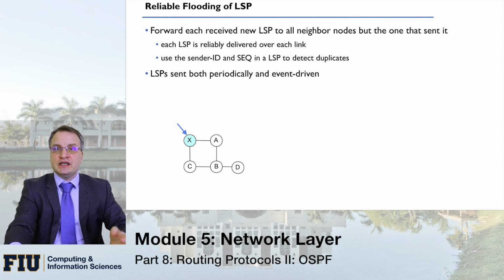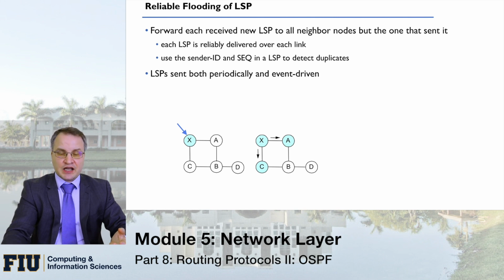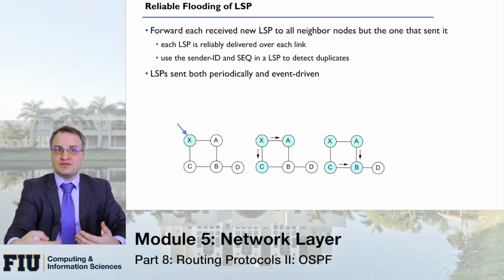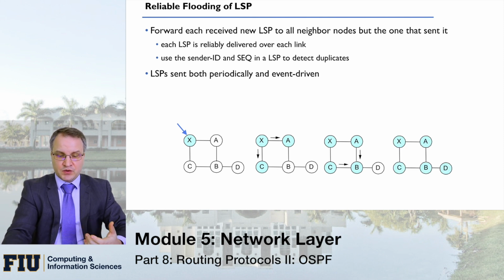So for example, if X generated an update or received the update from somebody else, it will rebroadcast this update to nodes A and C. Following that, A and C will also rebroadcast this information, except to the interface on which they received this update. And finally, B will try to advertise this update further, depending on how the update was received.